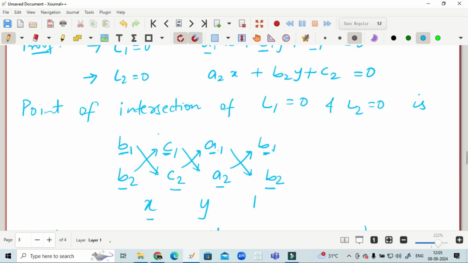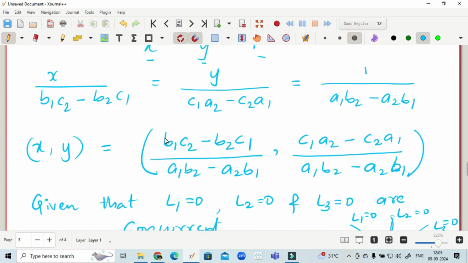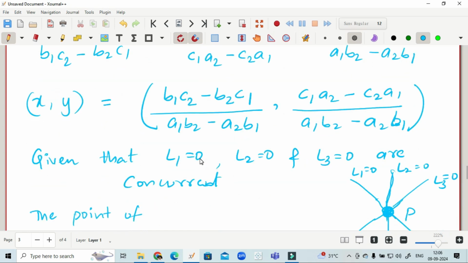So x, y and 1. We go this way: x by b1c2 - b2c1, y by c1a2 - c2a1, and constant 1 by a1b2 - a2b1. Then we get (x, y) = ((b1c2 - b2c1)/(a1b2 - a2b1), (c1a2 - c2a1)/(a1b2 - a2b1)). So this is the point of intersection.